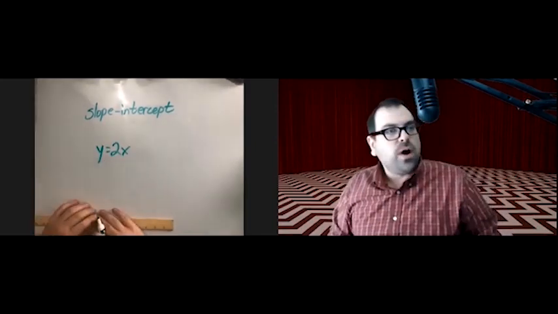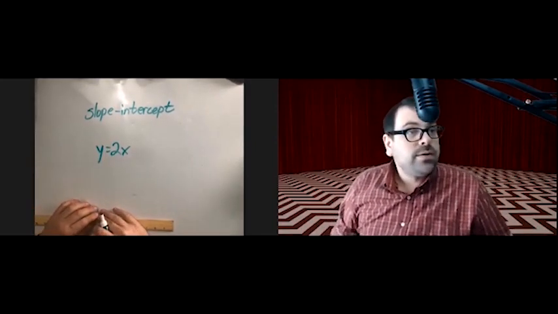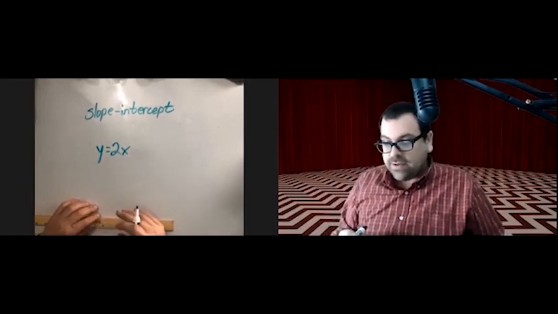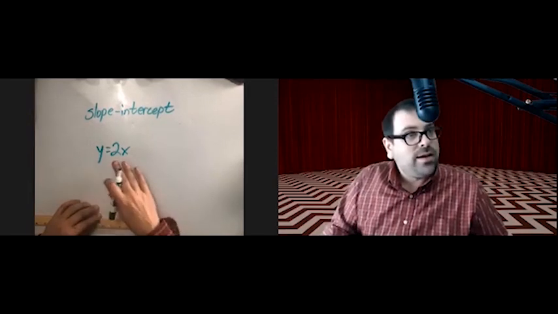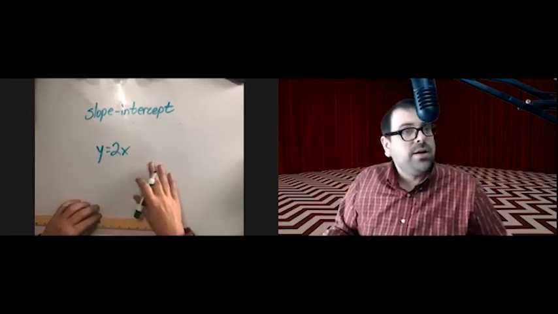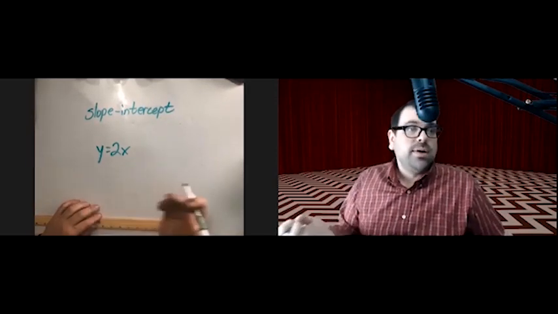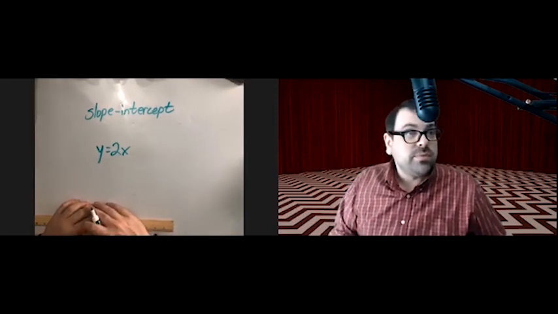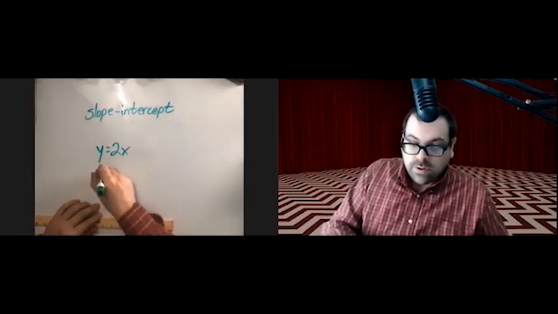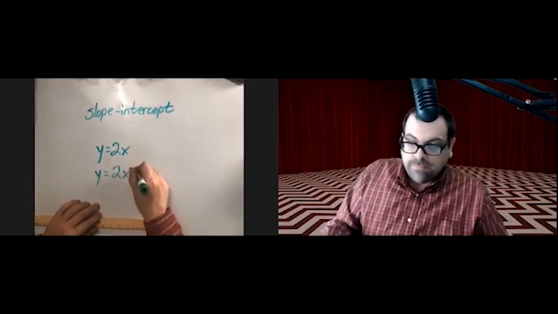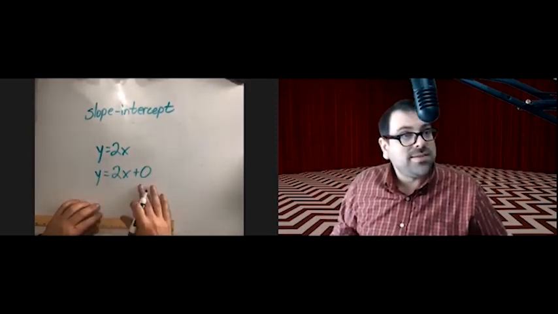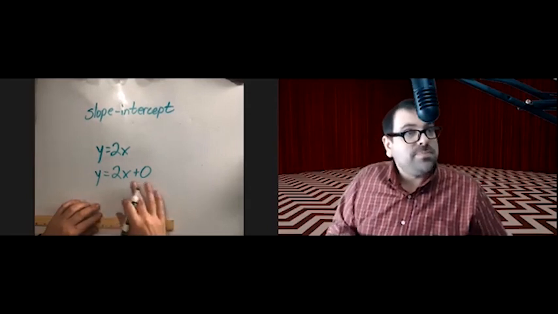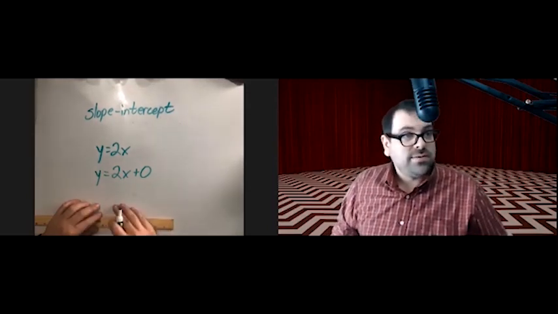How about this one? Y equals 2x. Well, I said to be in slope-intercept form it has to be solved for y. There has to be an x term, and there has to be a constant term. I don't see a constant term. That doesn't mean it doesn't exist. Plus 0 simplifies to 2x.